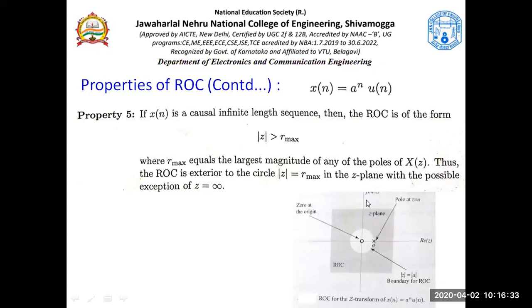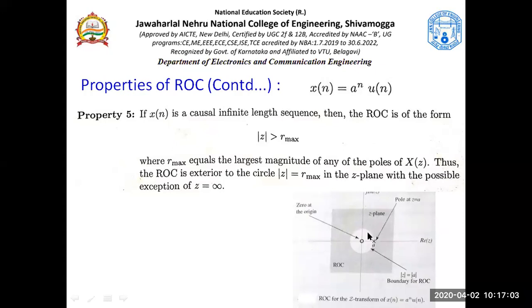If you see the ROC plot for positive time exponential, the ROC is here, the pole is here, and we have drawn a circle with a as the radius. It very clearly says that for the positive time exponential, the ROC is |z| greater than a. That means the whole region outside the circle is the ROC. Now this pole is on the boundary of the ROC.